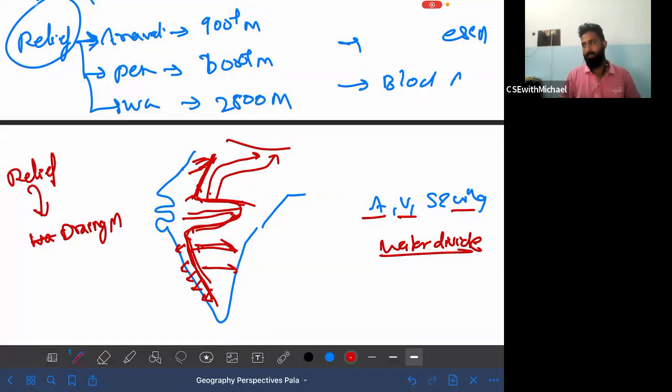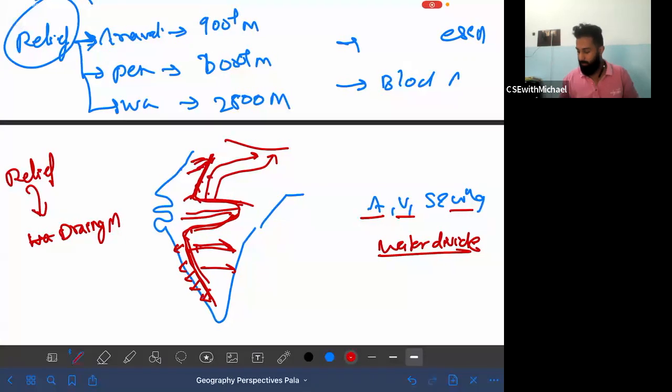Rivers like Chambal, which originates from here, will move towards the north, go into Kota, those regions of Rajasthan, and then attain an easterly direction.